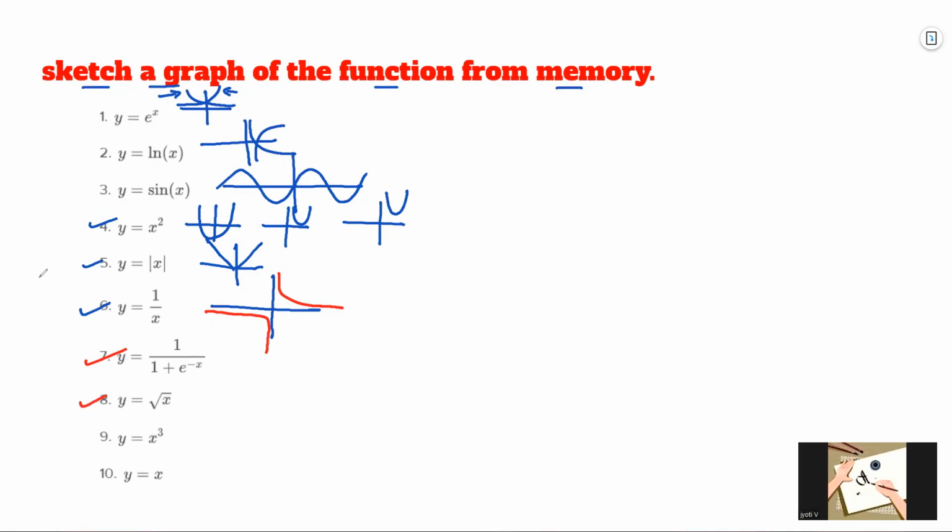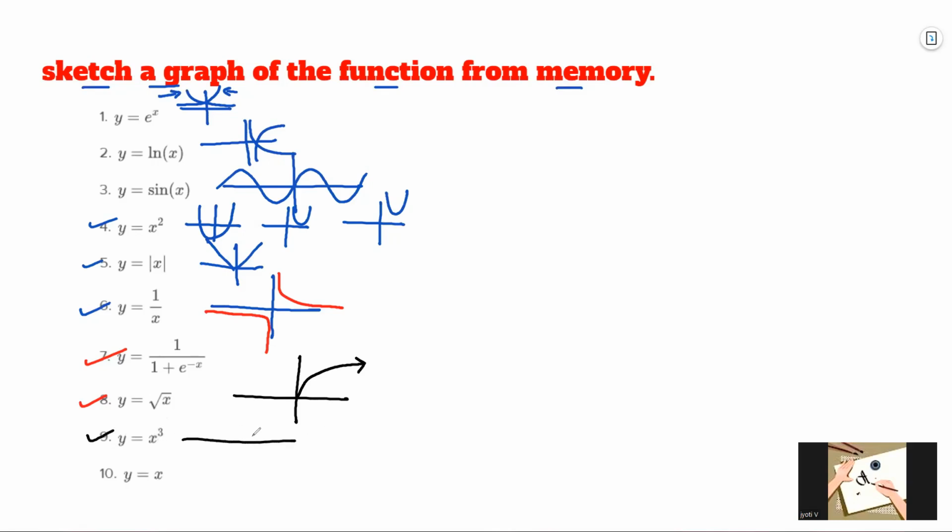Square root function. The square root function was very interesting. We have seen that it goes like this. It will never come in negative x, because the square root of a negative number is not possible. Cubic function.